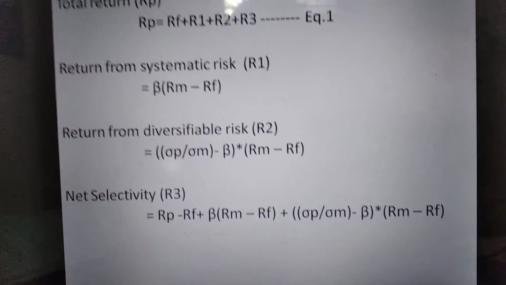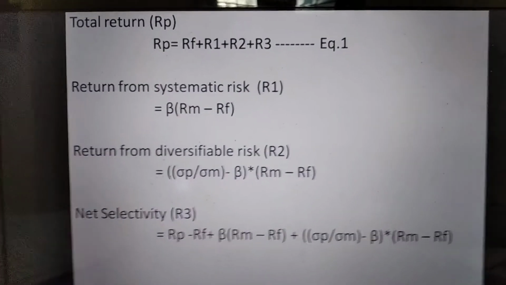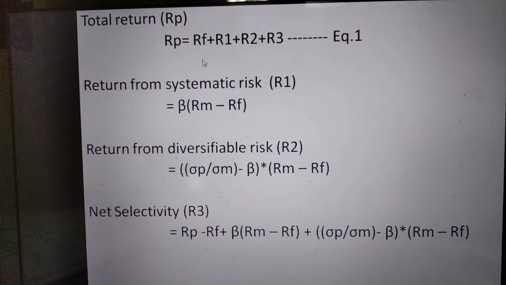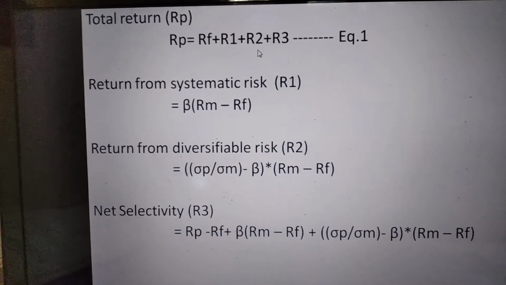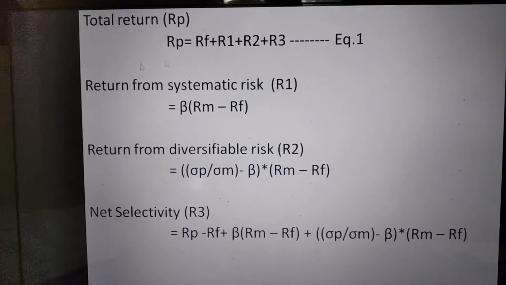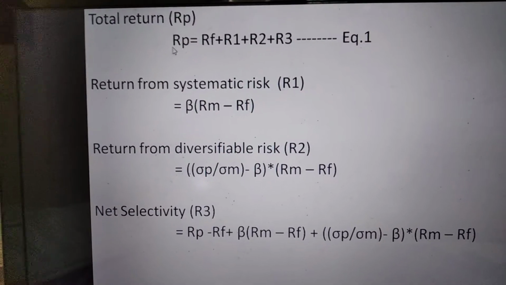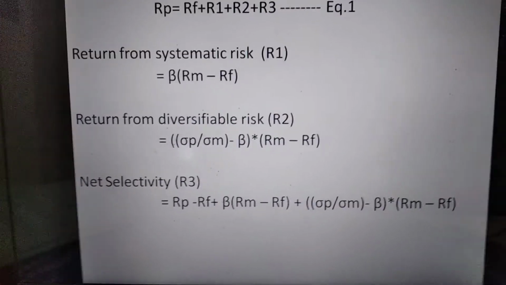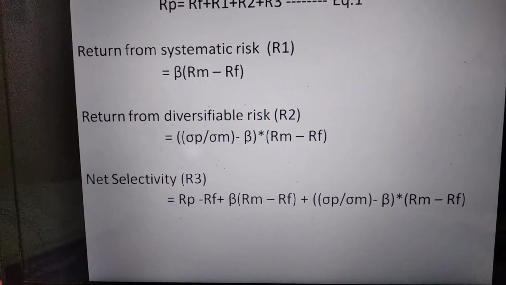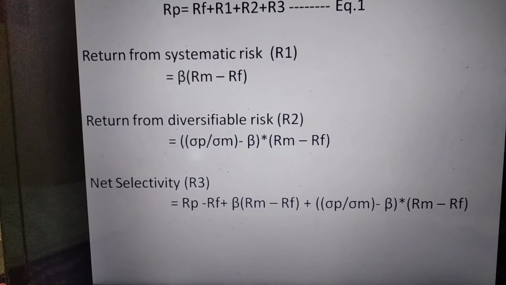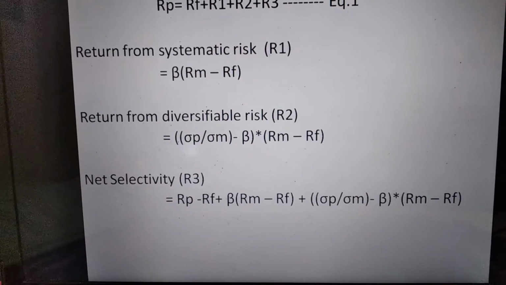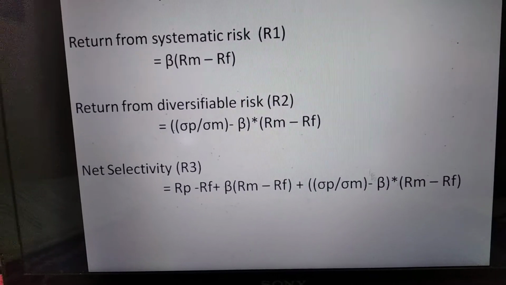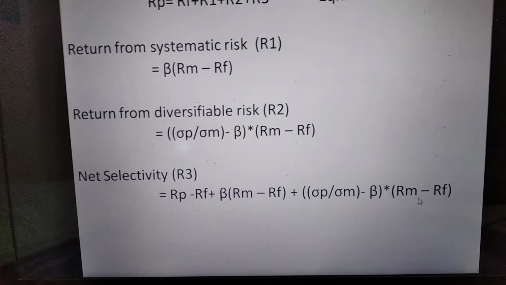I have transferred all the rest of the components, RF, R1, R2, from the right-hand side of the equation to the left-hand side. So R3 is a function of RP minus RF, minus beta times RM minus RF, minus the standard deviation of the portfolio divided by the standard deviation of the market minus beta of the portfolio, times RM minus RF.